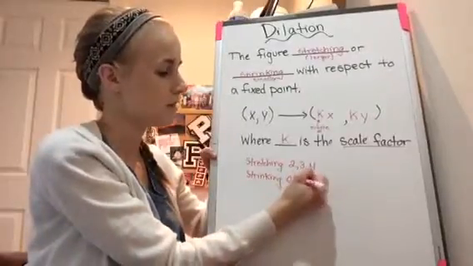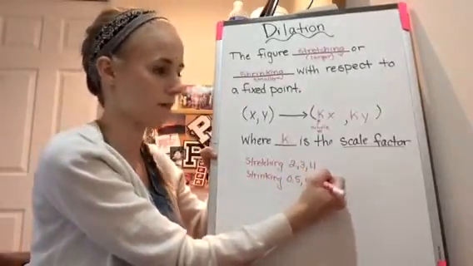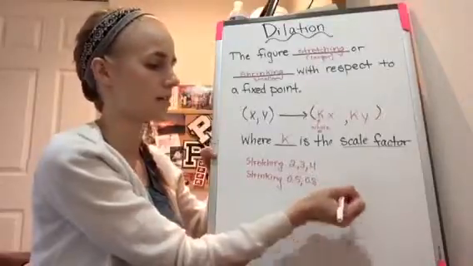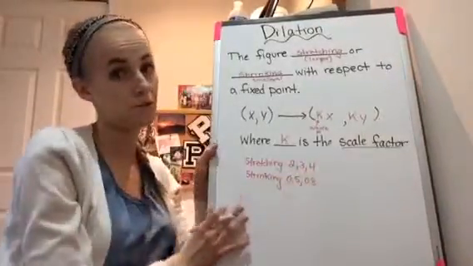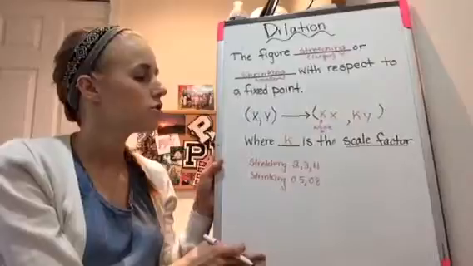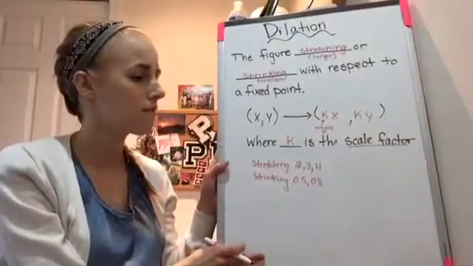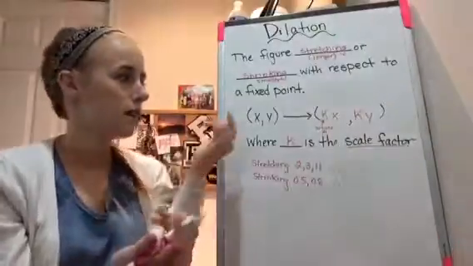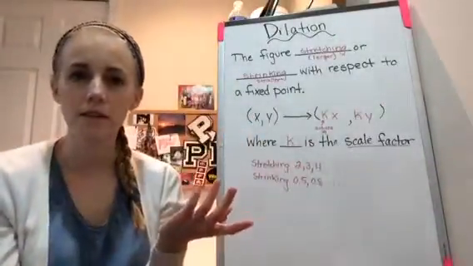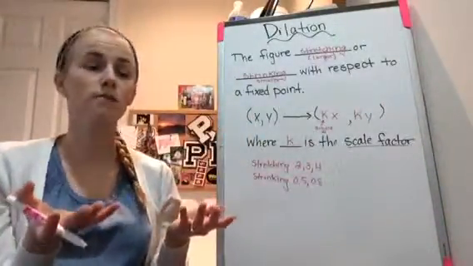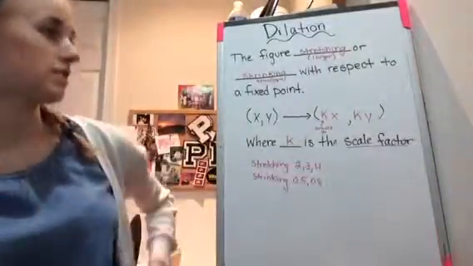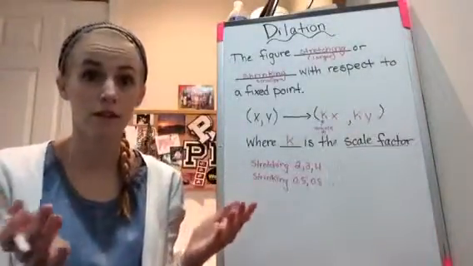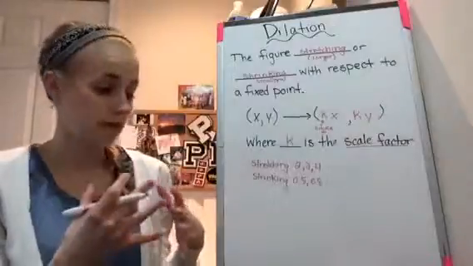It's going to be 0.5, 0.8, etc. Usually, you'll see 0.5 the most commonly. So we have to keep in mind the 0.5 is what we're multiplying it by. And if x and y are whole numbers already, it's really easy because all we have to do is split the original figure in half. So that's what a dilation is.